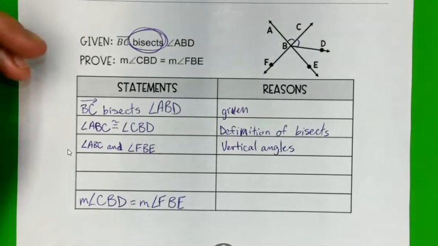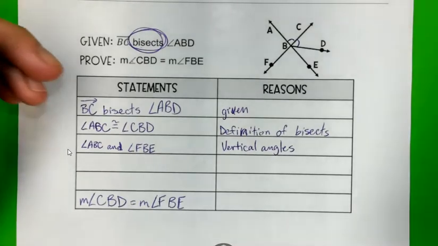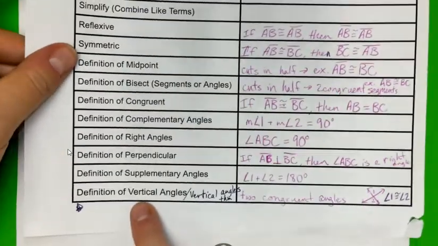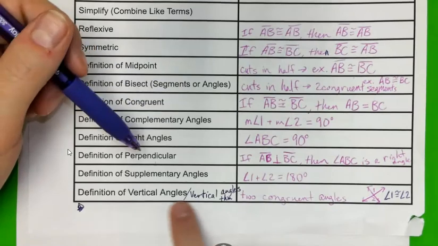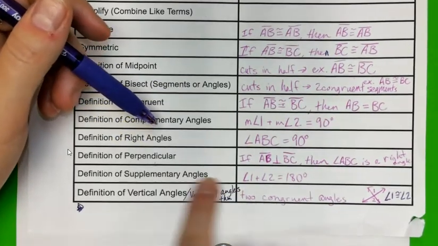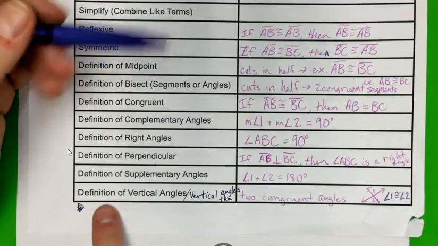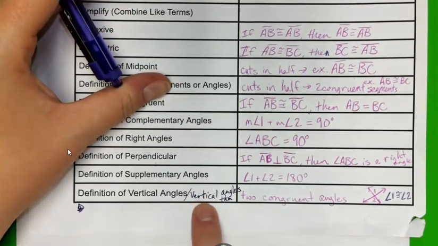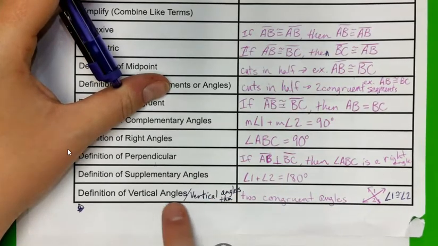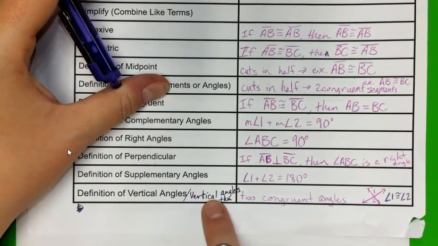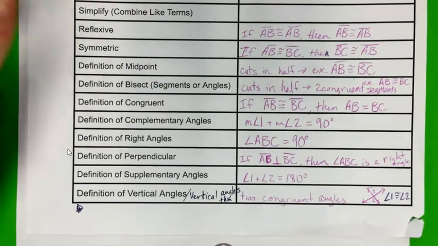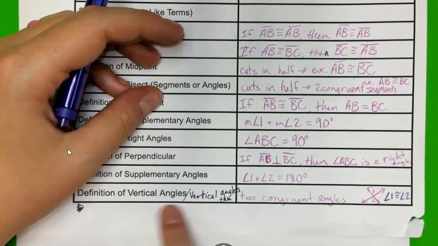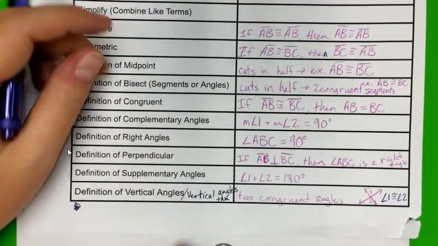And then this is one thing that I want you to add here. So typically when we are working these problems, you will just be filling in the reason side. So I want you to go ahead and add this next to the bottom where it says definition of vertical angles. Add vertical angles theorem here, because if it's a quiz or a test or on your assignment, if you just write vertical angles, definition of vertical angles, it's going to count as both.